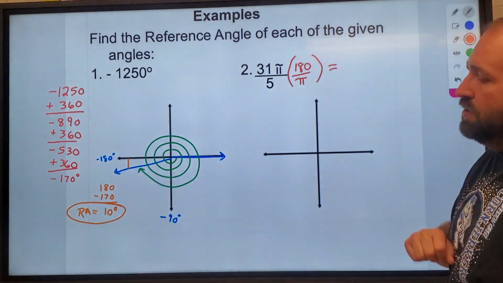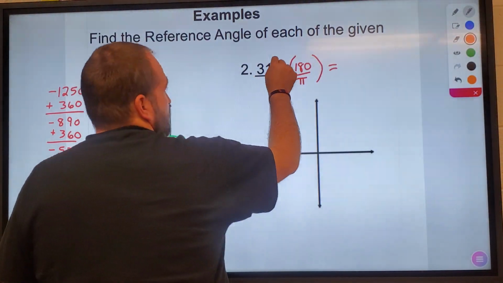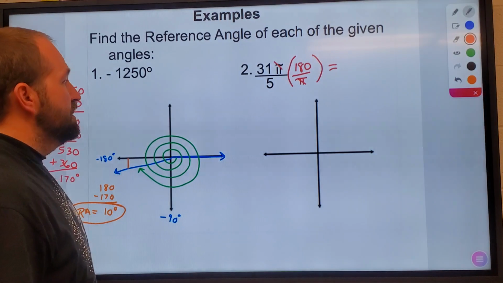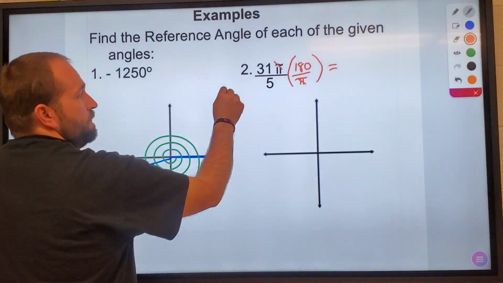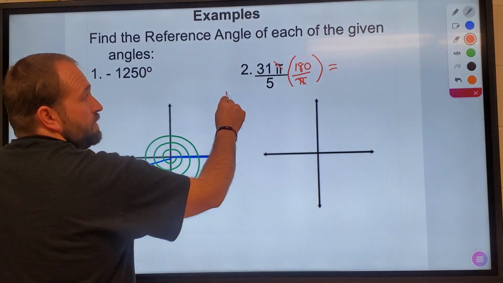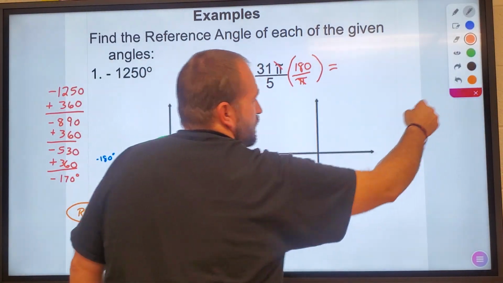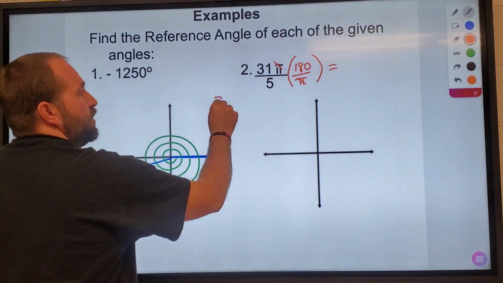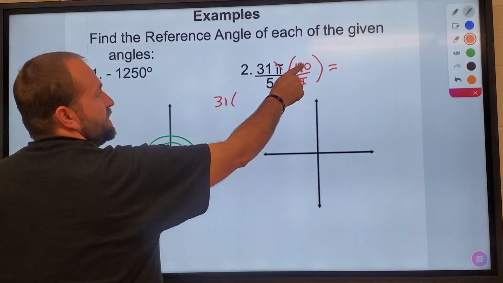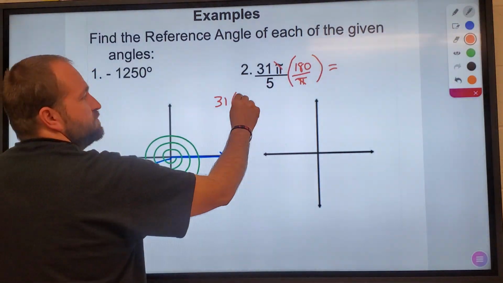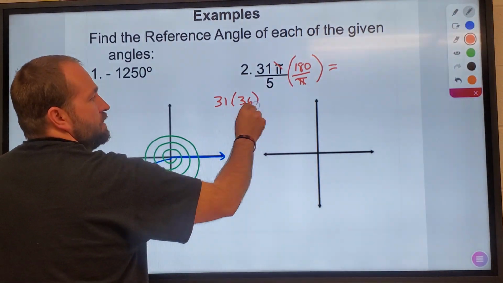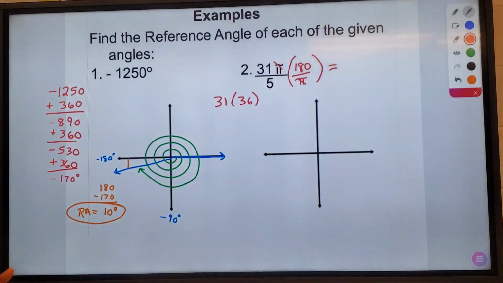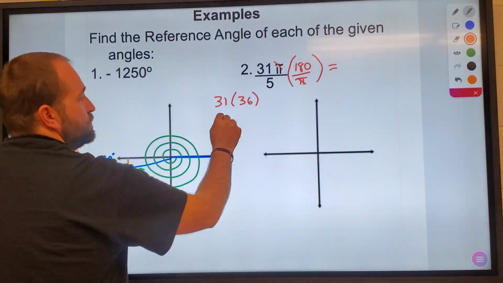When I multiply those out, I'm going to cancel out my pi's, and we can work it out here. Try to multiply first. I'm going to take 180 divided by 5, and that gives me 36. Okay, if I take 31 times 36, that gives me 1,116.